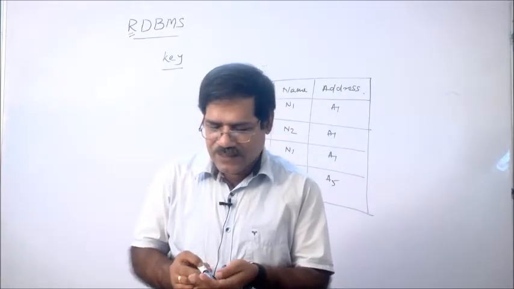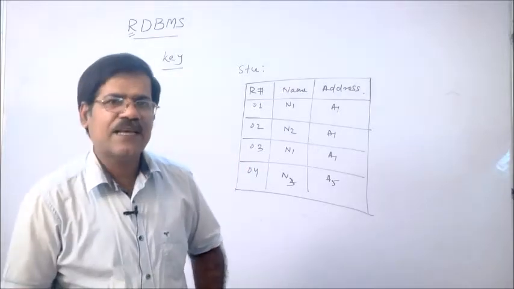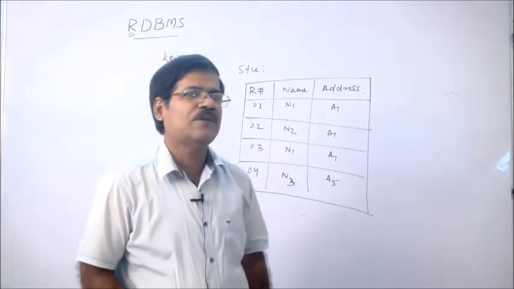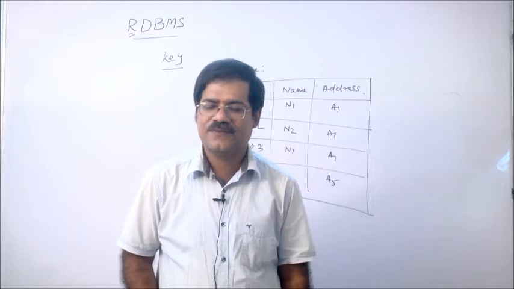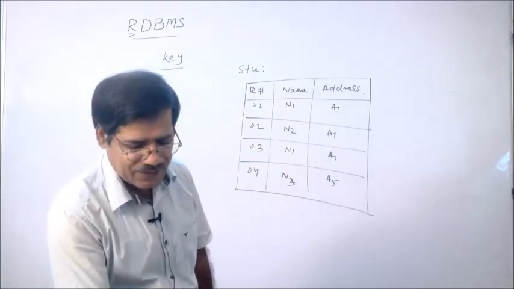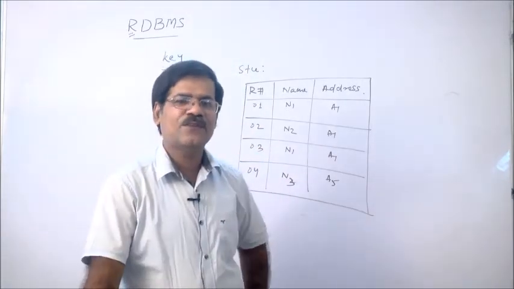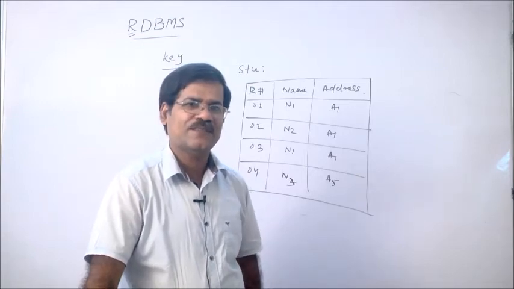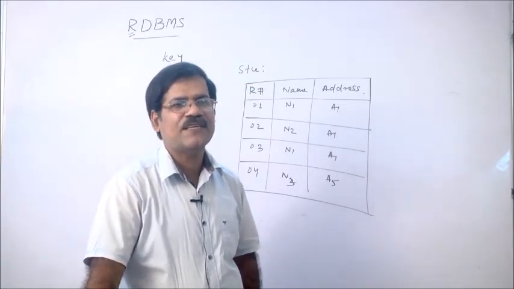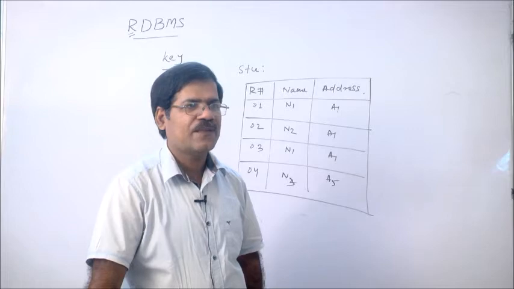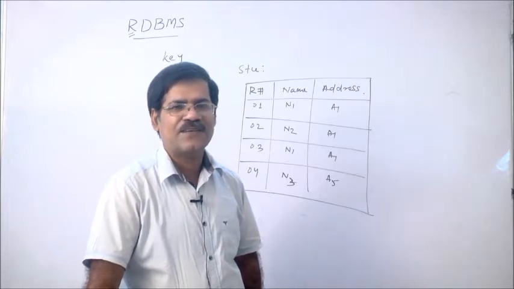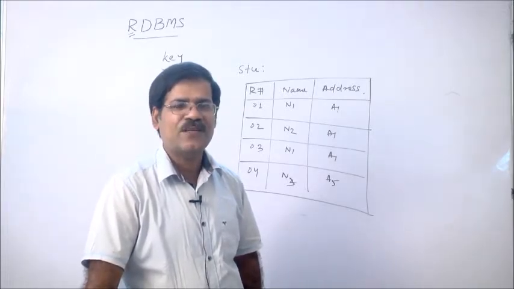In this particular table, suppose I say roll number 1, please stand up. How many students will stand up? Only 1, because only one student has roll number 1. A unique record will be fetched from the table. Suppose I say roll number 60, please stand up. Only one student.